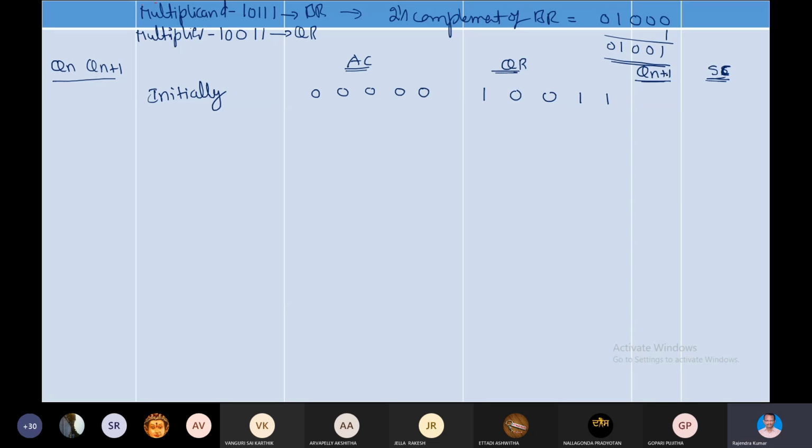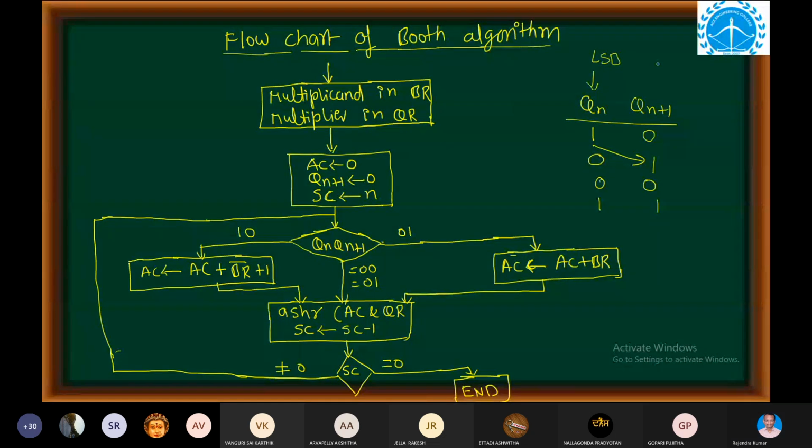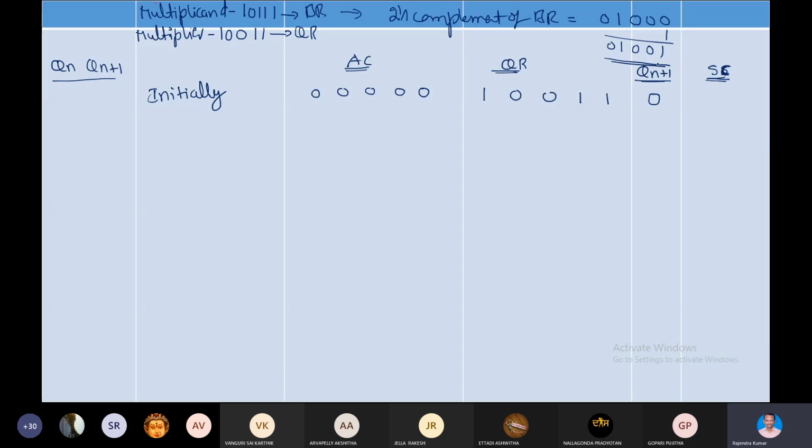Initially I will make Qn plus 1 also 0. If you observe the flow chart, AC is 0, Qn plus 1 is 0, and the sequence counter is n. Sequence counter n means how many bits the multiplier is having.